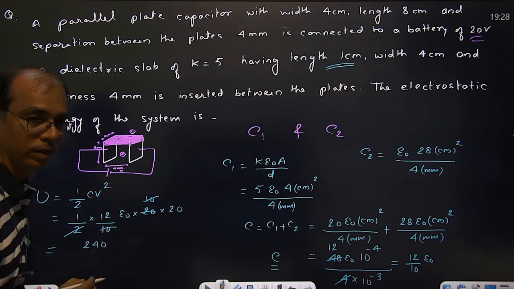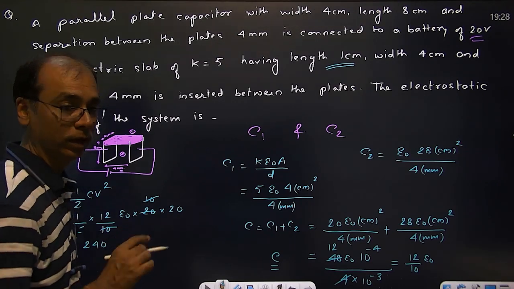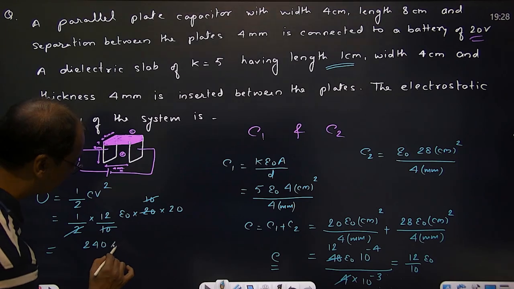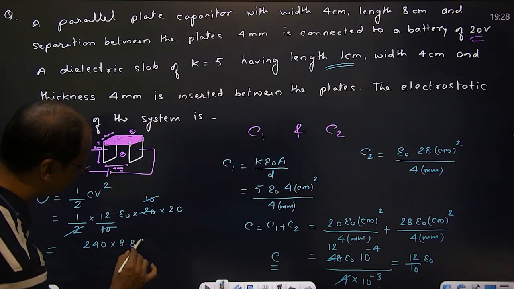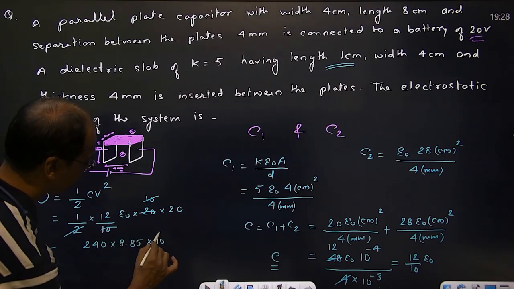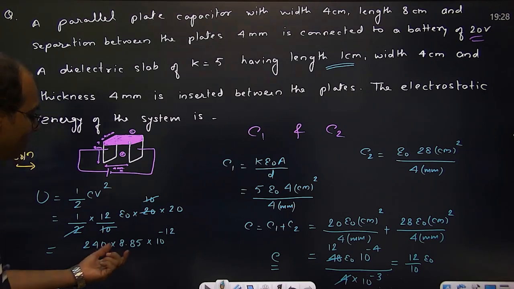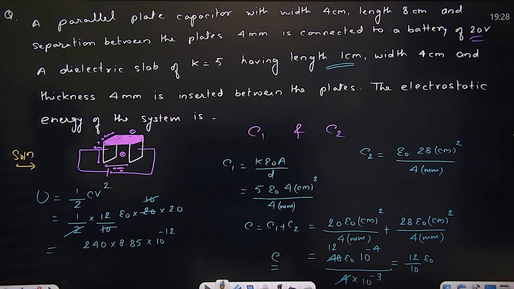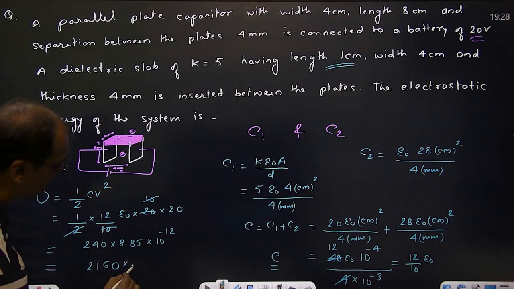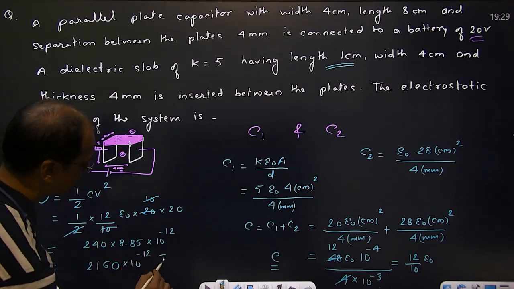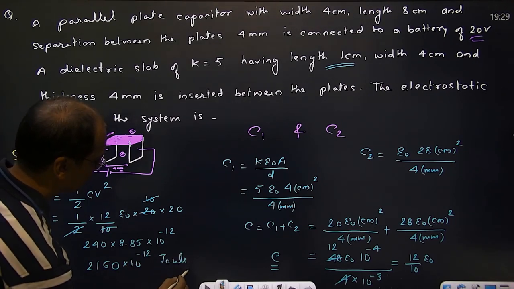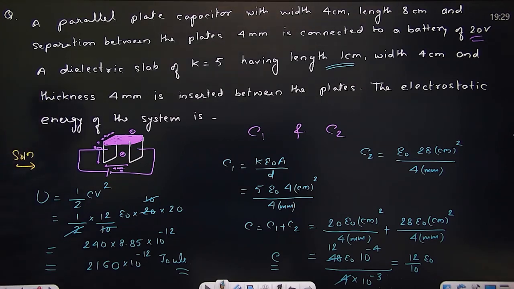Now epsilon naught value we know, no? 8.85 into 10 to the power minus 12. Approximately you can consider this as 9. Approximately we can write its answer. So if it's 9, then 0, 6, 21 into 10 to the power minus 12 joule. Okay, this is our answer.